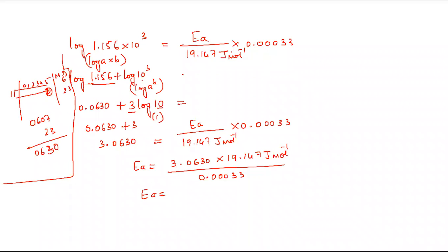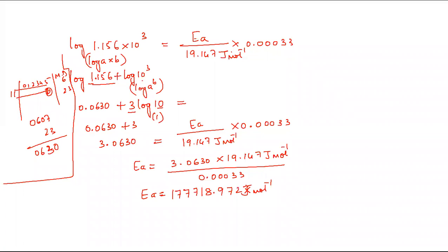What is the answer? Yes, correct. 177718.9. Correct. Yes, good. Okay. So the answer is 177718.972 joule per mole.